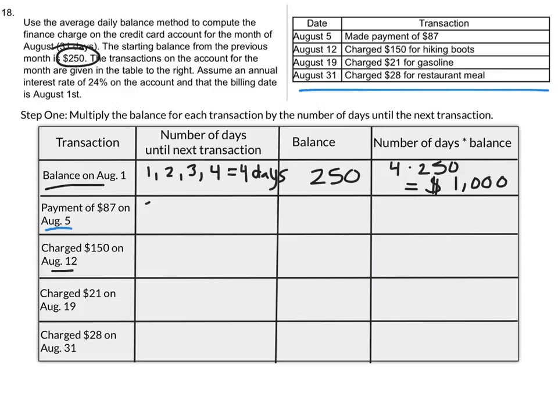I have the 5th, the 6th, the 7th, 8th, 9th, 10th, and 11th. You do not count the day of the next transaction, so I don't include August 12th in my list. Now I can count the number of days that I listed, and that's 7 days.